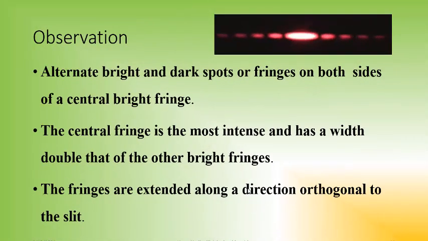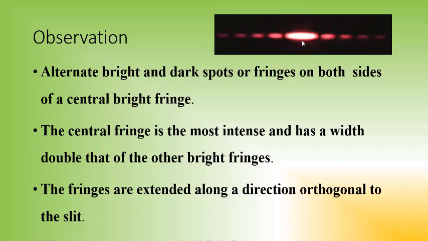Now at the end of this part, we state the observation of the diffraction pattern. We see alternate bright and dark fringes on both sides of a central bright fringe.